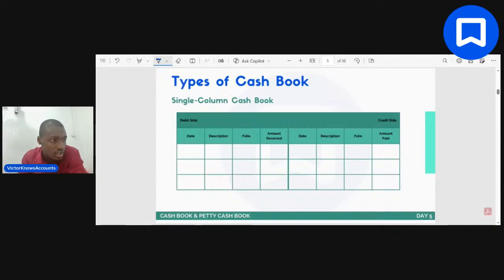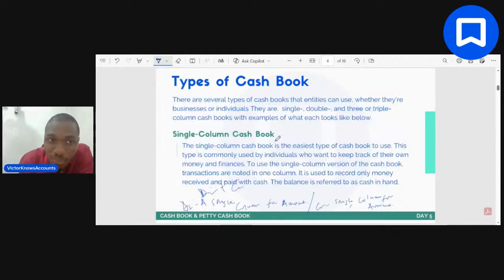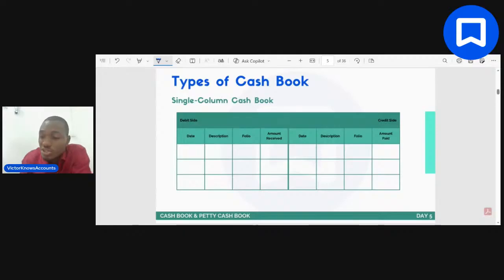Is that taken? All right. That's why we have just one column for amount received. And the only kind of transactions shown in the single column cash book is what? Is cash transaction. So of course, don't forget you are debiting the receiver, you are crediting the giver.